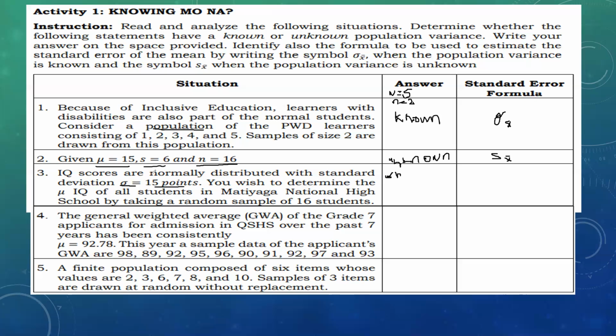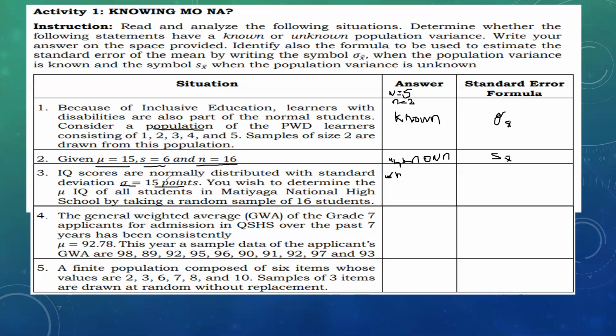Tandaan, may way ba tayo para makita ang variance niya? Yes, tandaan natin, pag given ang standard deviation of the population, kaya natin kuhanin ang variance. Di ba? In order to find the standard deviation, ini-square root natin ang variance. So, ibig sabihin, in order to find the variance of the population given the standard deviation, i-square mo lang ito.